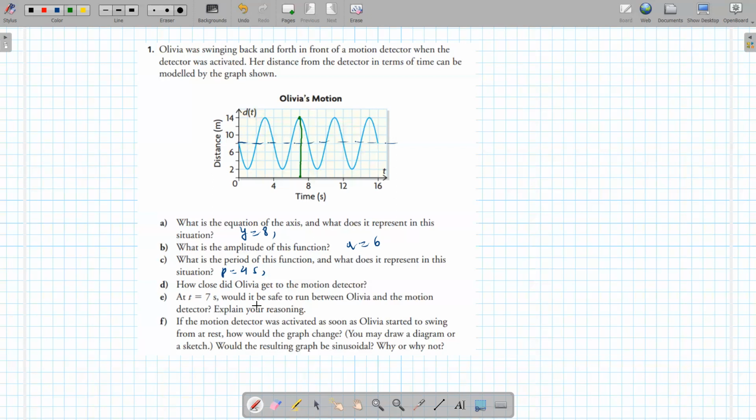So what's going to happen here is that the graph is going to look, instead of starting at the equilibrium point, it's going to start at its maximum point like this. Not much changes. This thing just gets canceled out. You can draw your new axis from right here. And that's what the graph would look like. No, actually I'm still there. This right here, maximum distance away. That's what the graph would look like. You can ignore this bit. And that's it for that question.